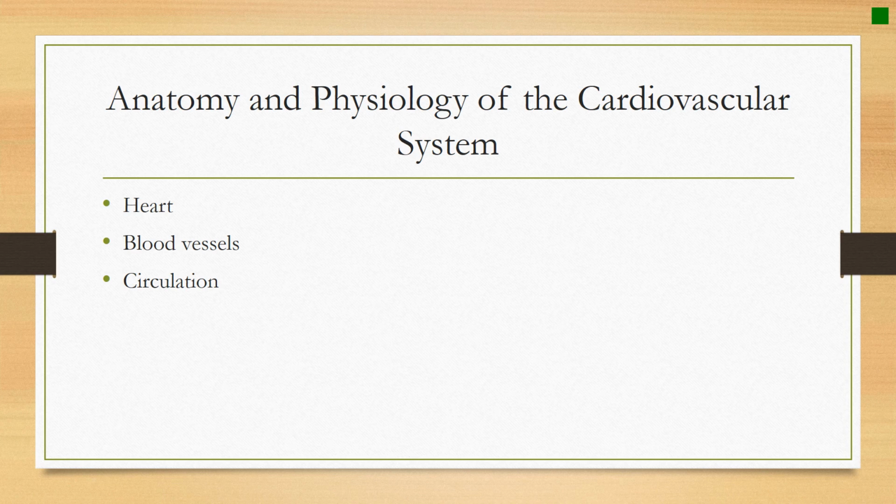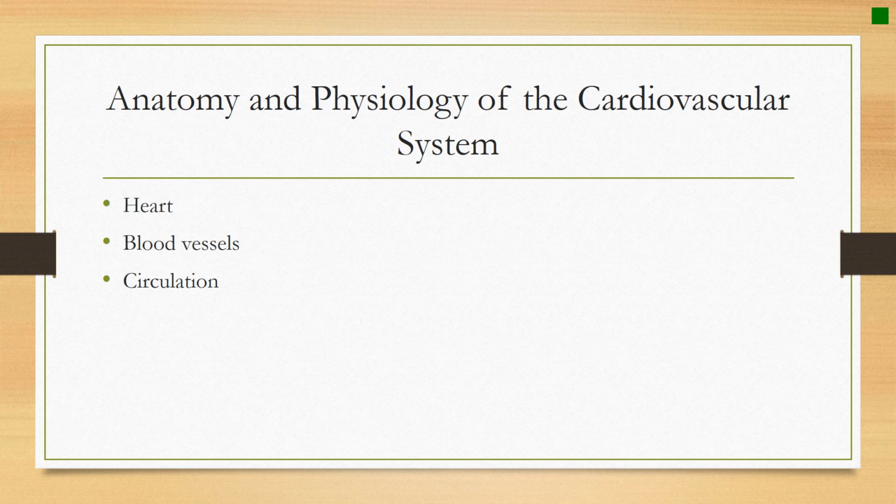The mitral valve has two cuffs, hence bicuspid valve. The chordae tendineae connect the AV valves to the walls of the heart, and they work with the papillary muscles, which are located in the walls of the ventricles, to make a tight seal to prevent backflow when the ventricles contract.